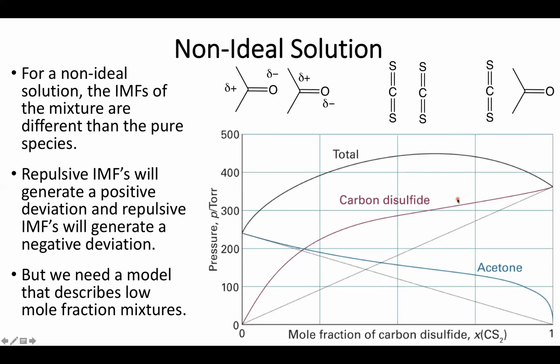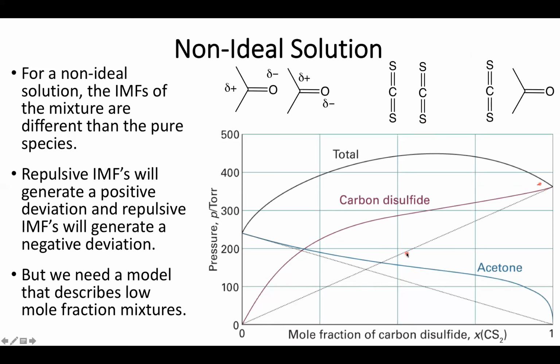And if I have a system where the IMFs are more favorable for the mixture, we're going to see a negative deviation. And that essentially the vapor pressure is going to be lower than would be expected from Raoult's law, essentially saying that the system doesn't want to evaporate, which we'll look at a case like that in a little bit.